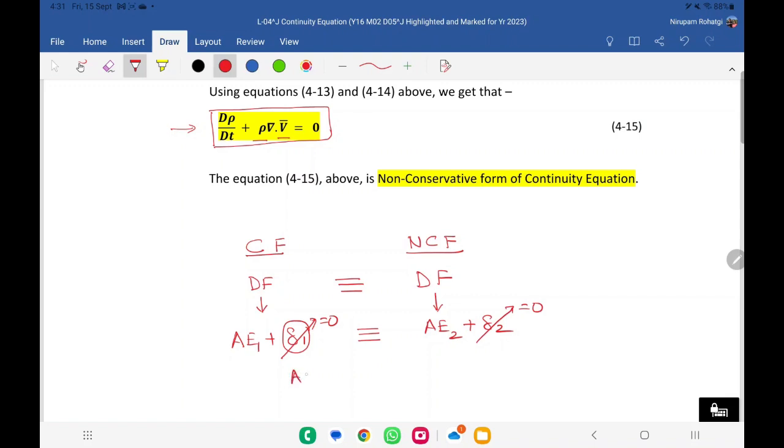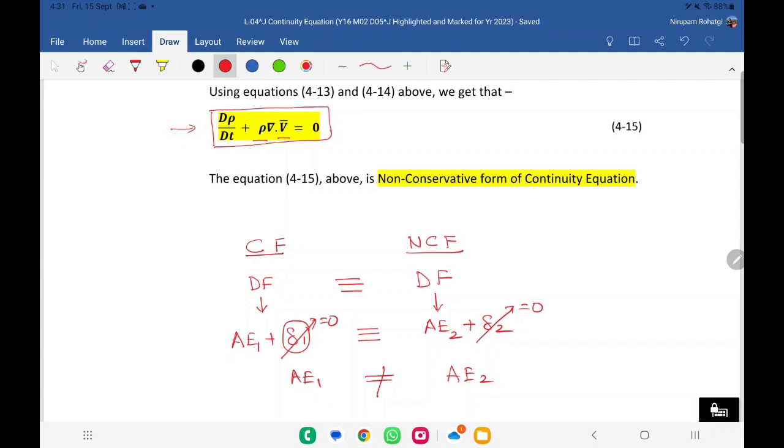So you get AE1 on this side, AE2 on this side. Now these two are not equal. The terms which are part of the truncation error are different.